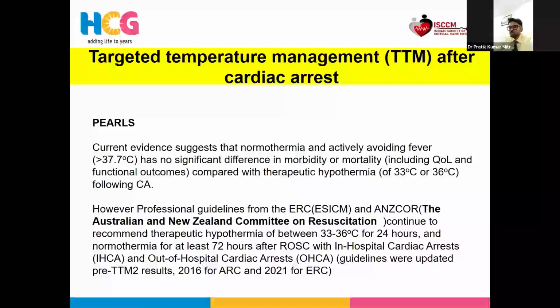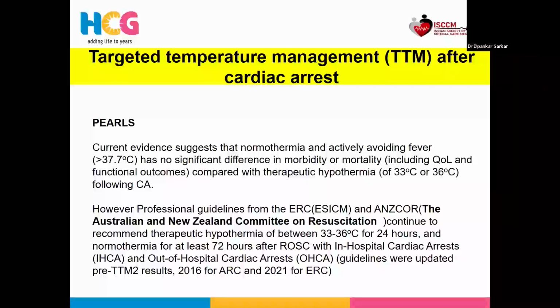We have to start targeted temperature management within 24 hours of in-hospital cardiac arrest, and we can maintain it up to 72 hours, but the initiation should be within 24 hours. So the answer to what you asked is: within 24 hours, and the earlier the better.